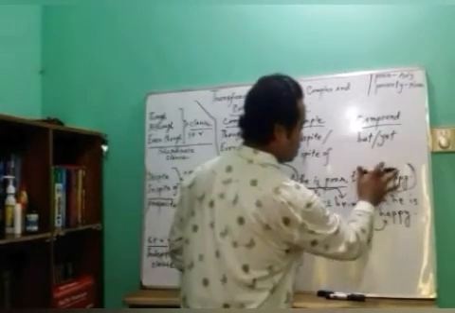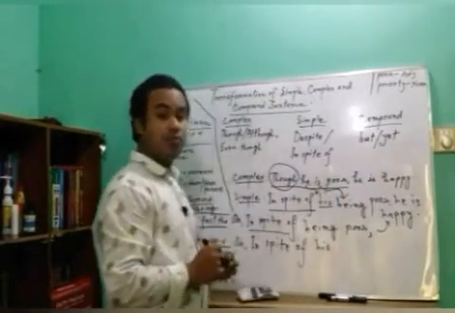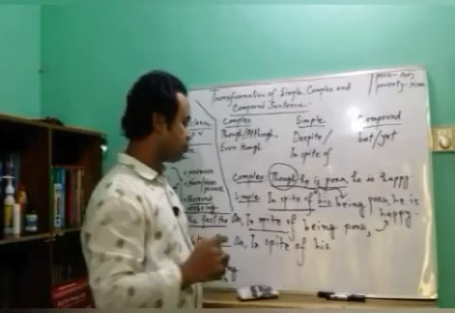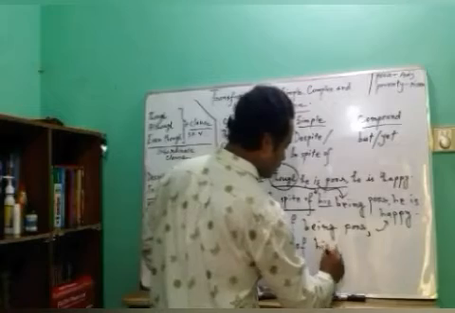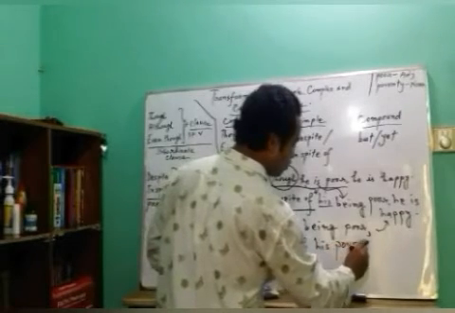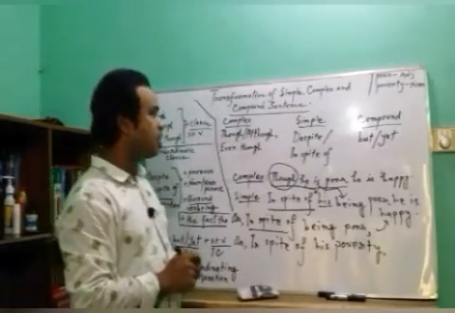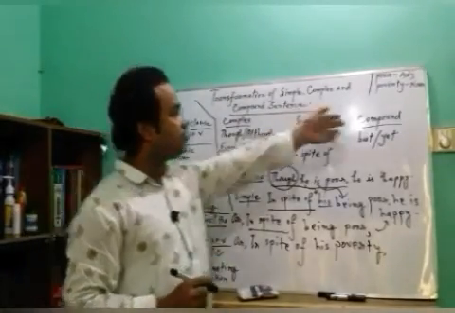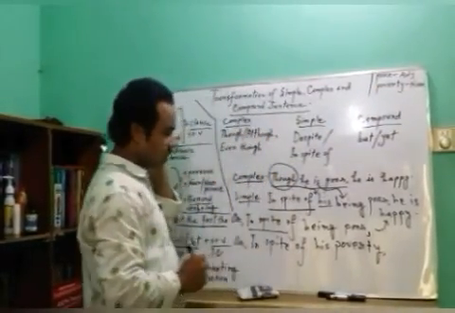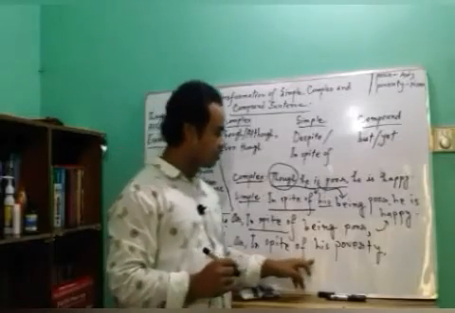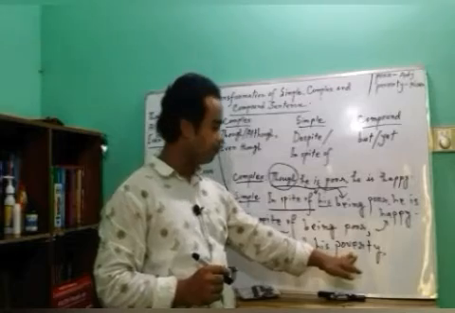Poor needs to be changed into noun form. What's the noun form of poor? Poverty. In spite of his poverty, comma, he is happy. It's also possible. Poor is adjective, poverty is noun. In spite of his poverty: in spite of or despite plus possessive adjective, then noun form.